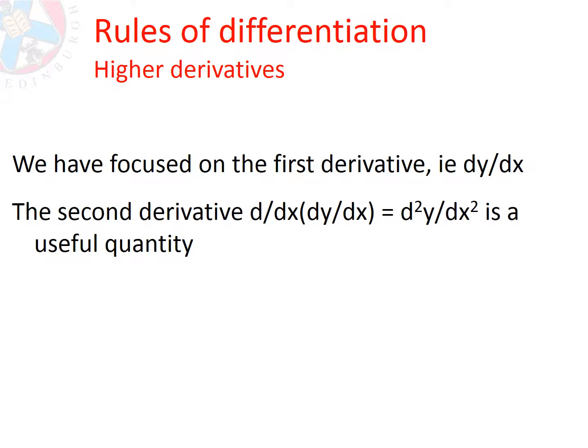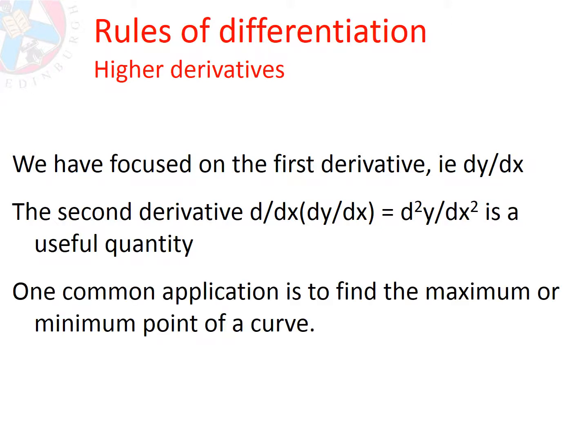So it would be d squared y over dx squared. I have no idea why you use that terminology, but if you're differentiating something twice, you've got these squared above it, and that would be the same as writing f double prime of x or y double prime. It's just terminology.